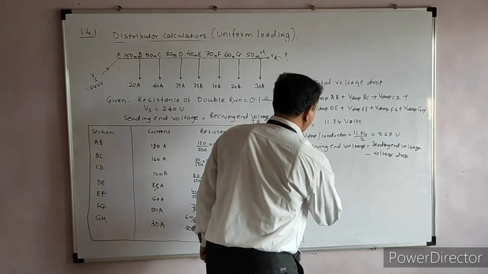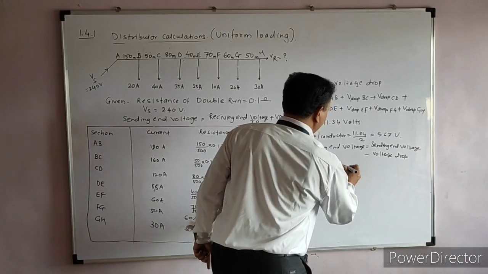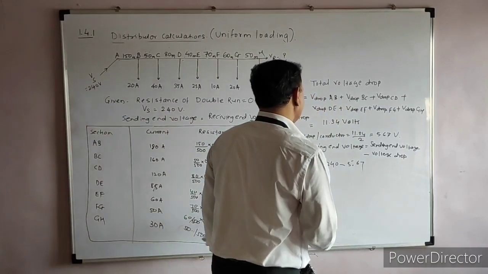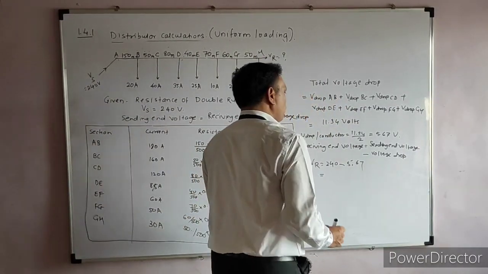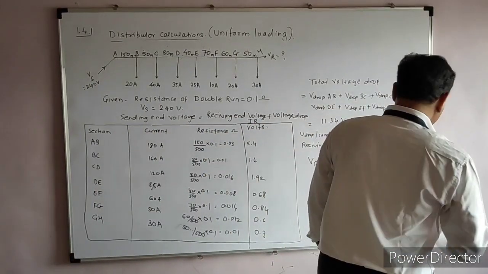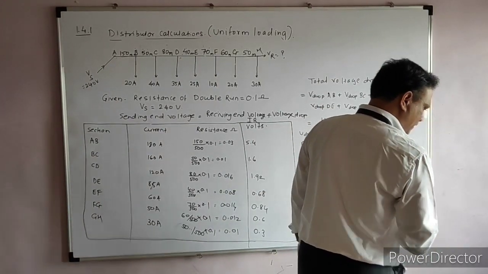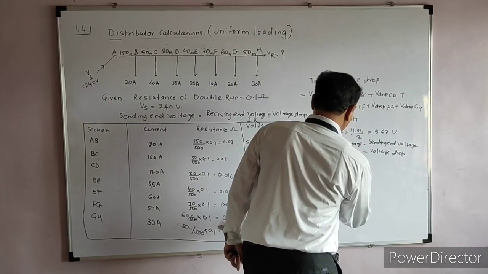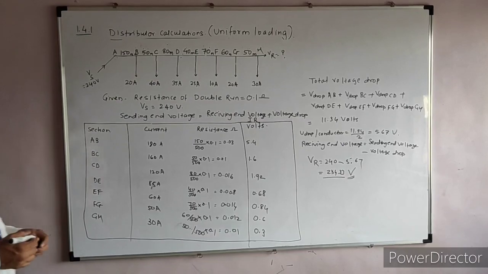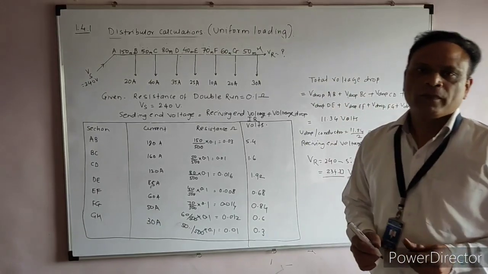Our receiving end voltage is VR, our sending end voltage was 240 volts, and our voltage drop per conductor was 5.67 volts. So per conductor, the value we get is 234.33 volts. So receiving end voltage will be equal to 234.33. This is how to calculate the voltage drop for uniform loading.